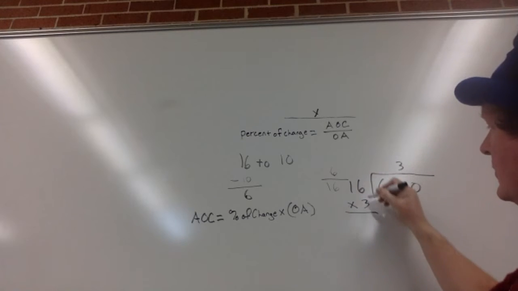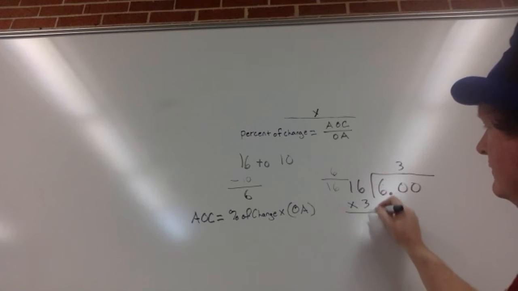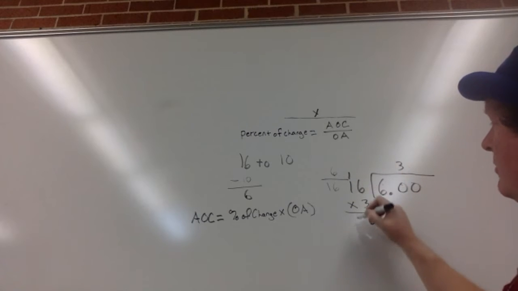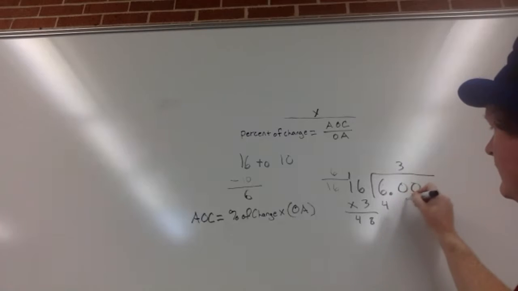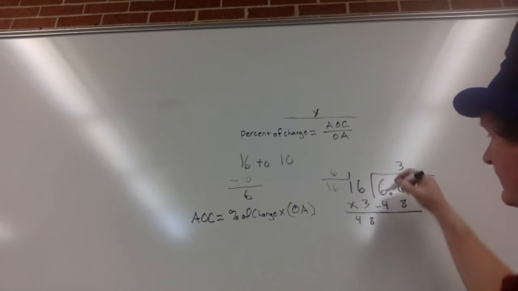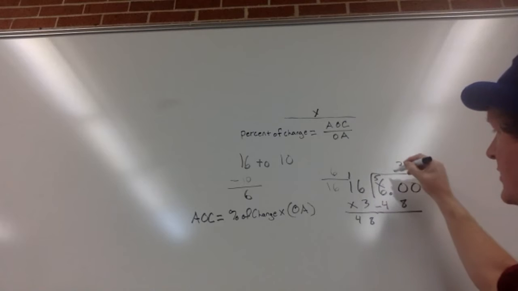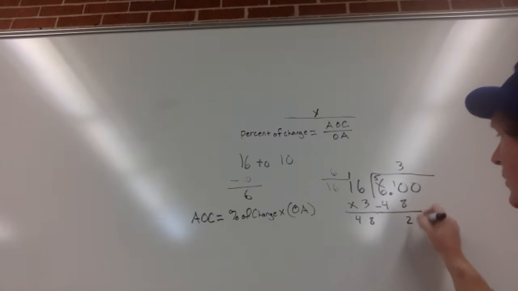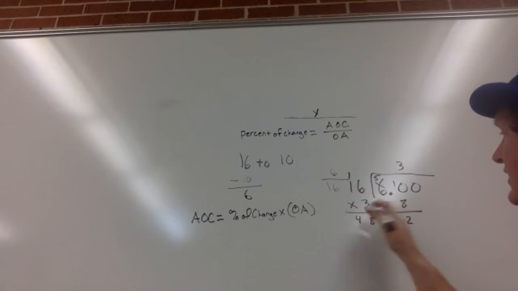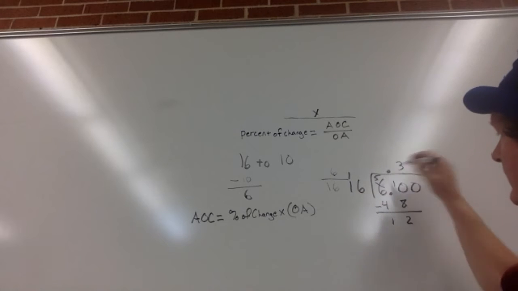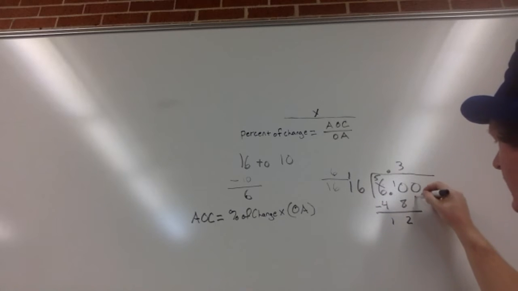So 16 times 3. 6 times 3 is 18. 3 times 1 is 3, plus 1 is 4, so 48. Subtract 48 from 60. Borrow from the 6, make it a 5. 10 minus 8 is 2. 5 minus 4 is 1. Okay, 12 is less than 16, so I'm okay for my first number. Don't forget to put my decimal up here. Now, add a 0.